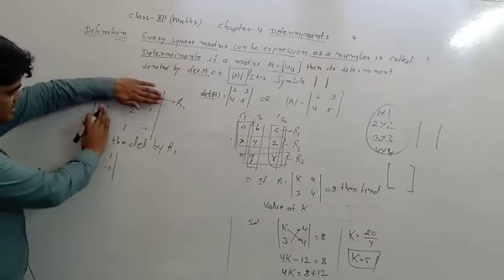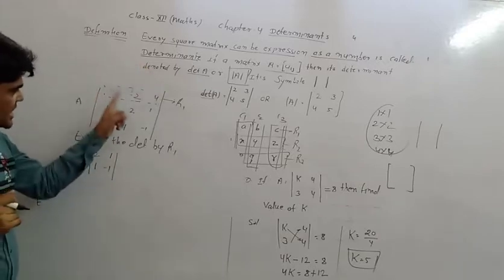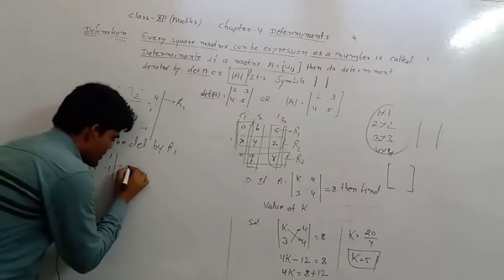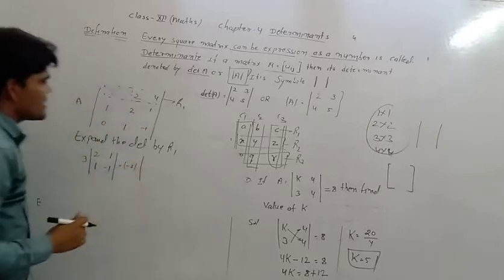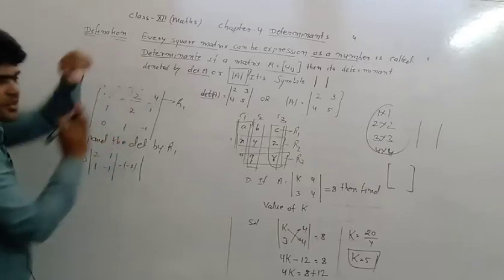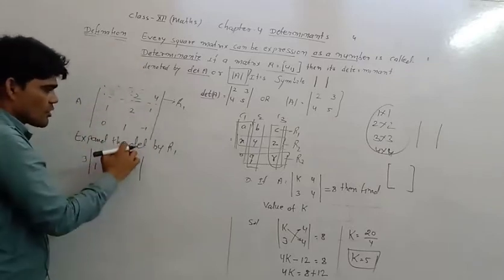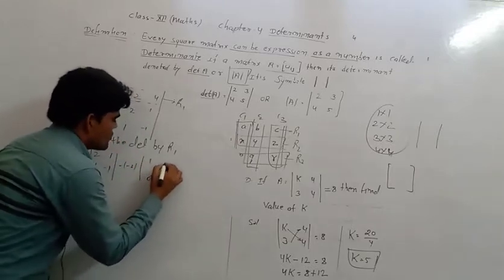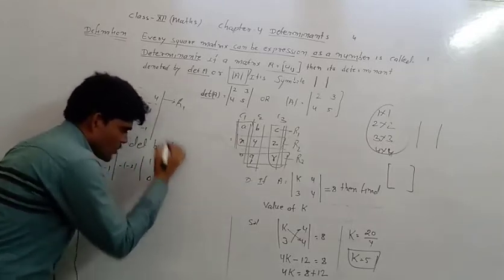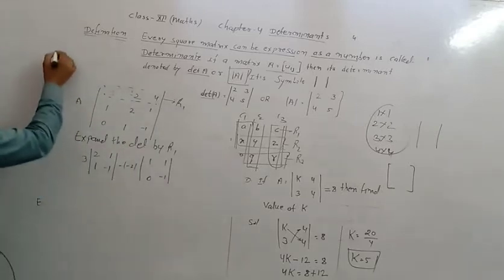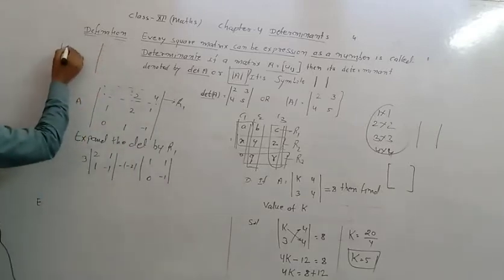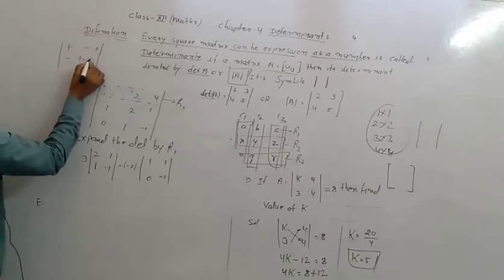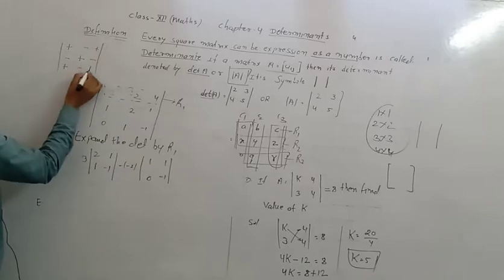Next, second we use a negative sign and minus 2 times, and we shade the first row and second column. Then we get 1 0 1 minus 1. Okay, we use the sign pattern for 3 into 3: plus minus plus, minus plus minus, plus minus plus.